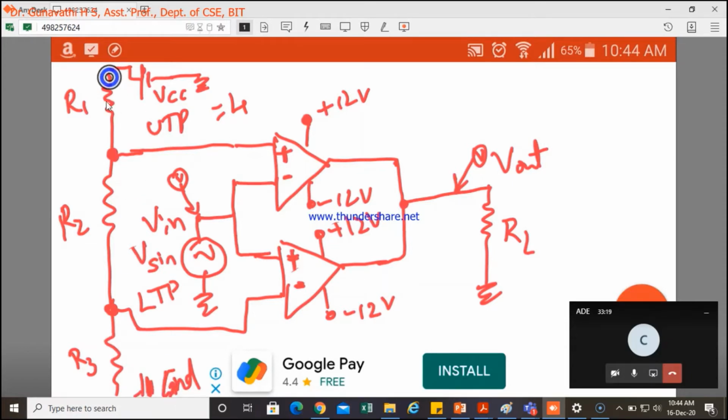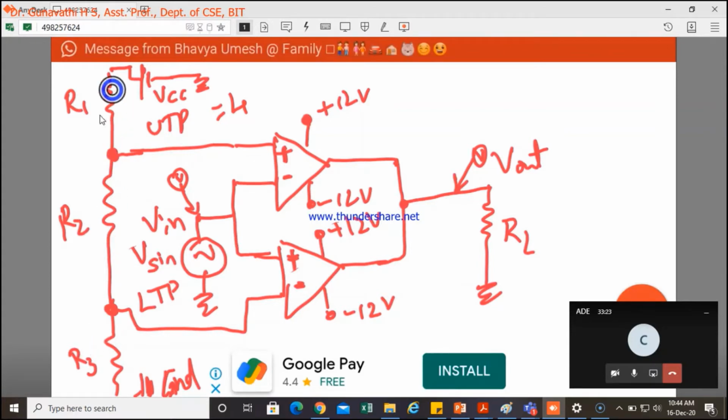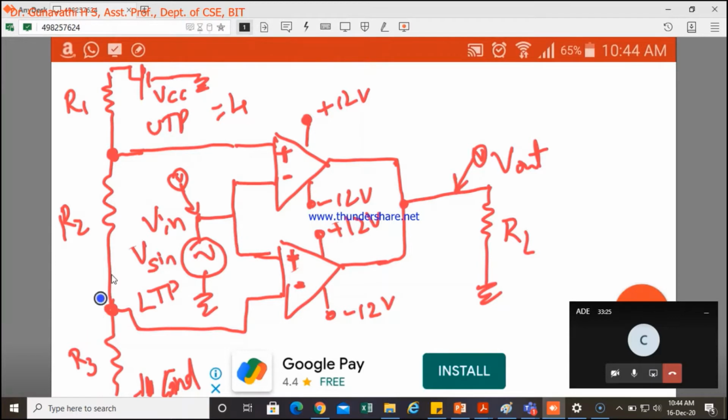There is no chance of a negative resistor, so I can't provide any negative threshold voltage. UTP and LTP should only be positive voltages. So UTP is 4 volts and LTP is 2 volts. We'll see how to design with this.